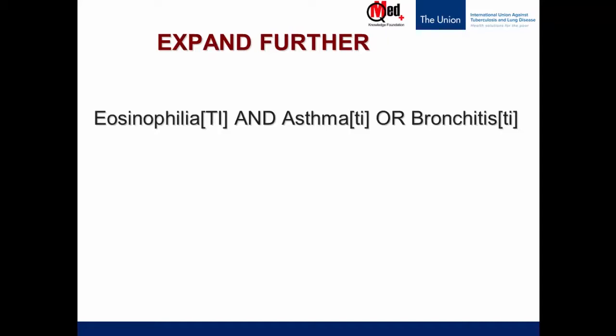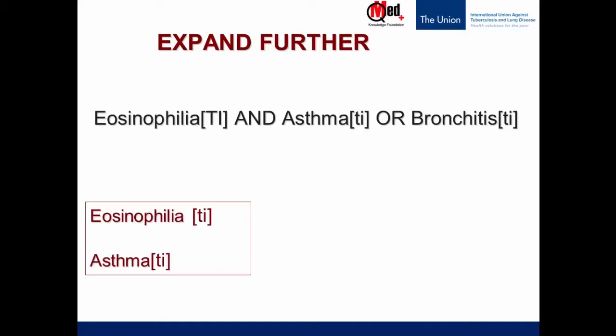Here, maybe we get a good number of results, but there is one additional thing we've got to be careful about. When we type our search terms, the PubMed search engine searches in the order in which we type. How does it interpret this search? It first makes a set of all items where eosinophilia and asthma come together in the title.